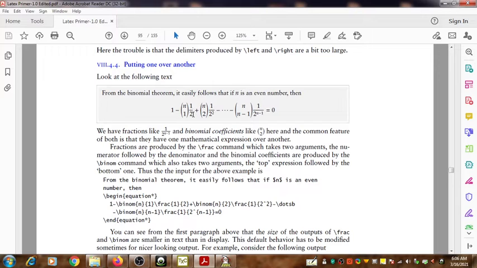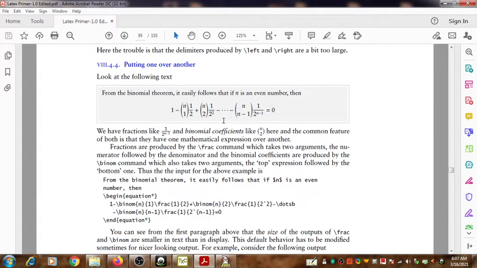After that you have plus, then nC2, then again a fraction, then minus, etc. Then another binomial expression, then again a fraction. So you have to learn how to type binomial expressions of the kind available here, and also fractions of the kind available here.